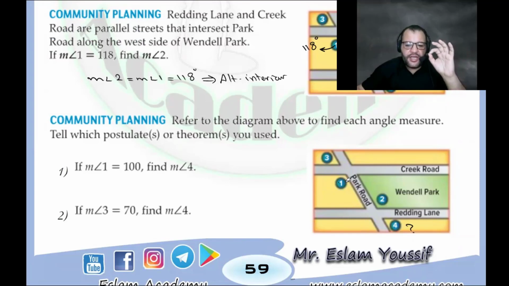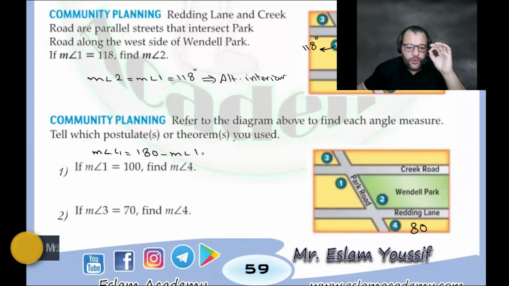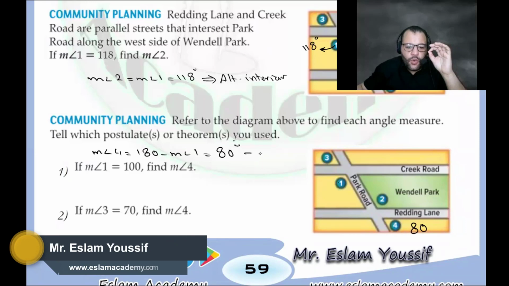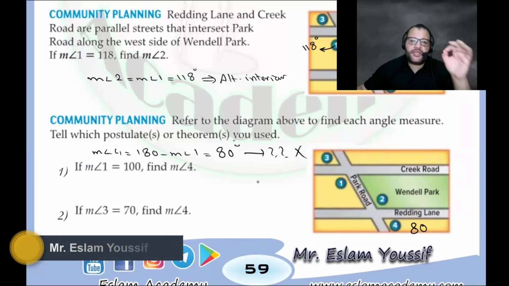We cannot say that measure of angle 4 equals 180 minus measure of angle 1. That's wrong, there is no direct relation between them.